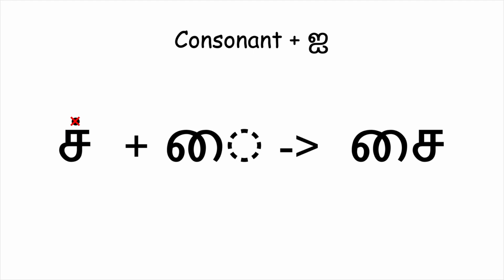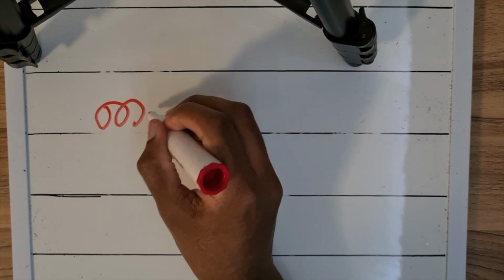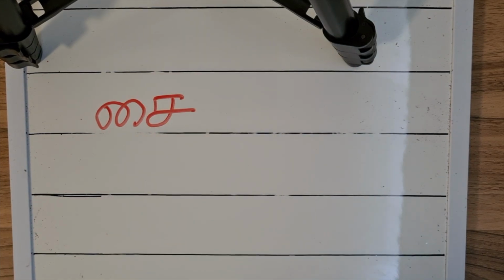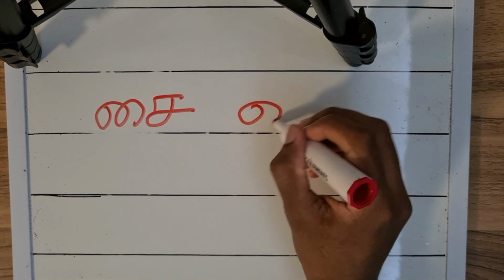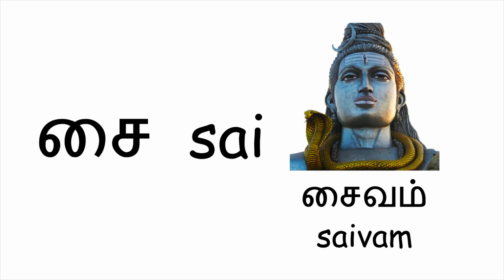Let me show you how to write sai. An example word that starts with sai is saivam, which is how Tamil people say the Shaiva religion. Look it up if you don't know about it.